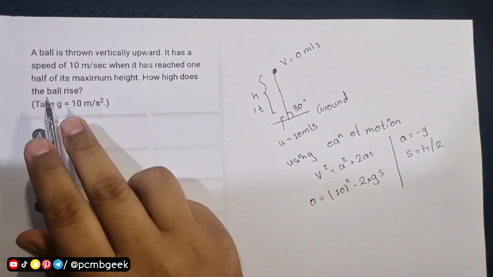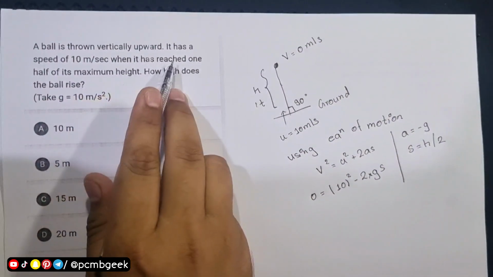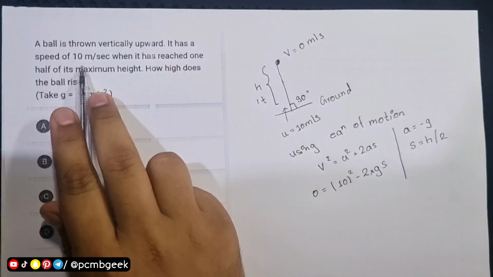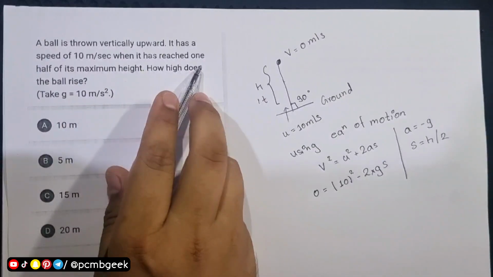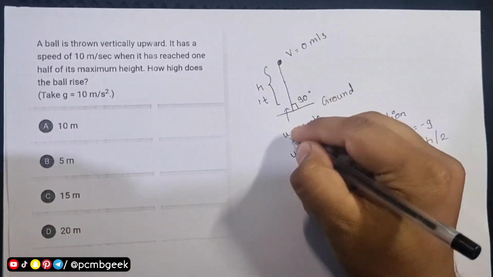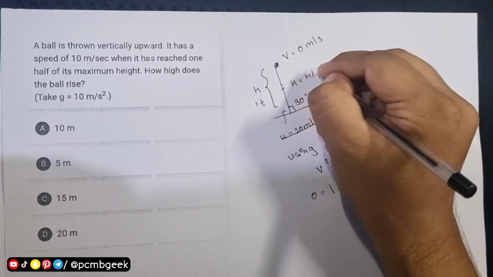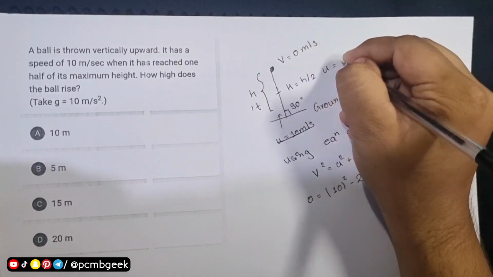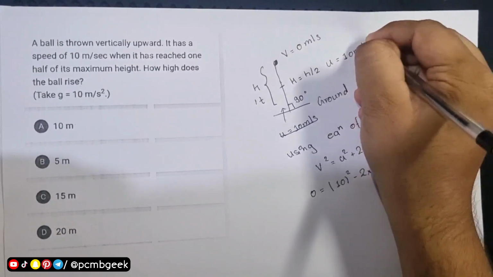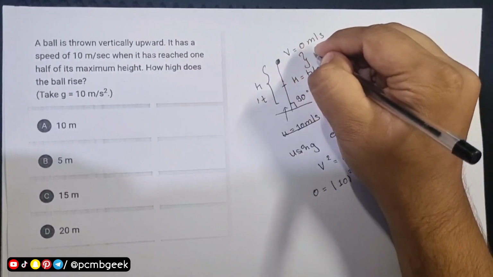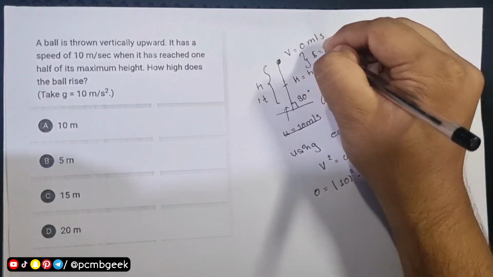Now we are given a ball thrown vertically upward. It has a speed of 10 meters per second when it has reached 1/2 of its maximum height. That means it reaches h equals h by 2, the velocity equals 10 meters per second. Now for this time interval we get s equals h by 2.